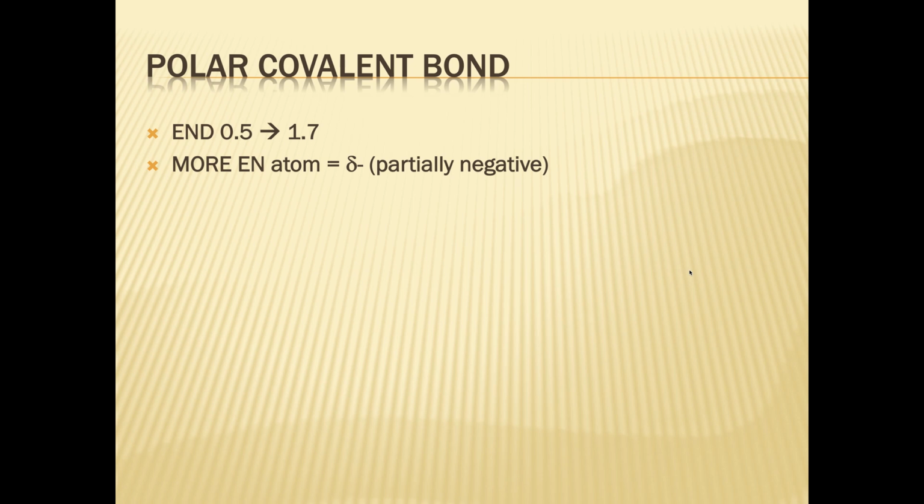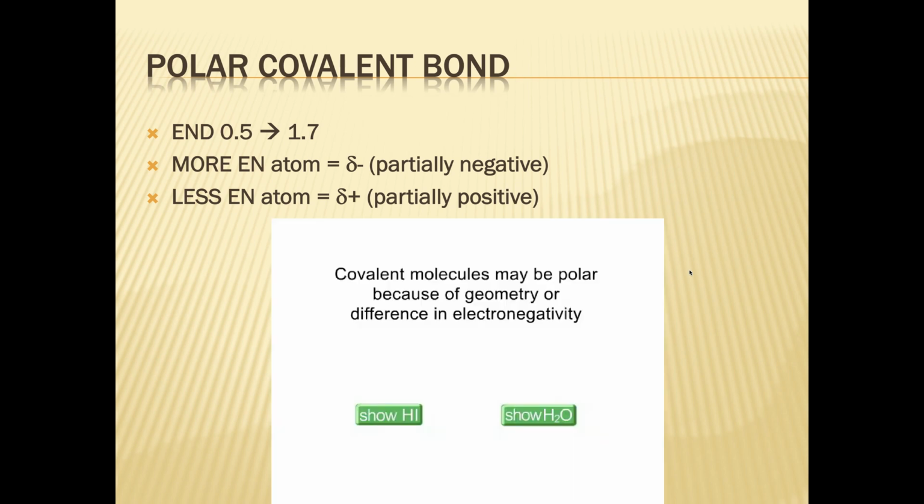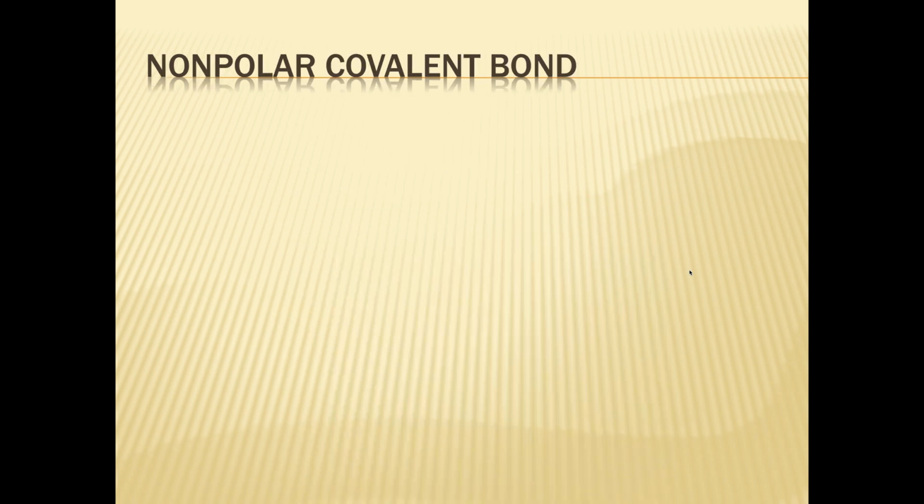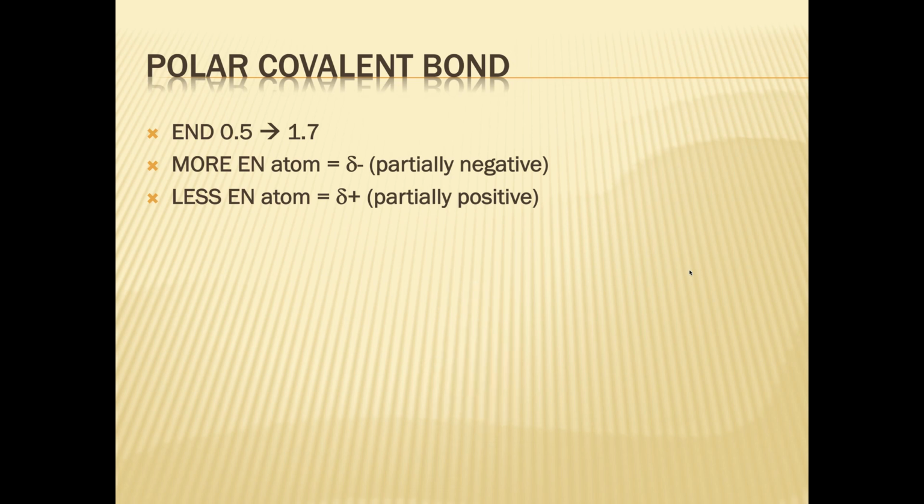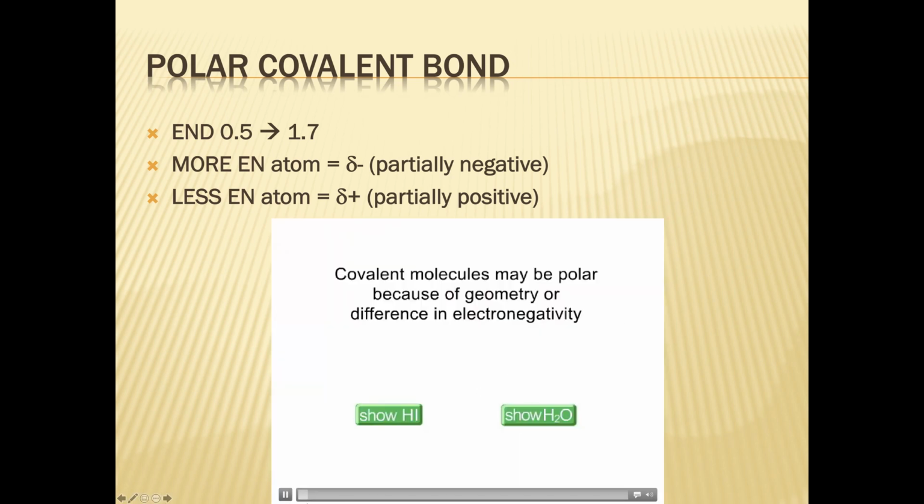You may recognize capital delta, the triangle, as meaning change. Lowercase delta means partial. The less electronegative atom, therefore, will become somewhat positive. Not full separation of charges, just partial separation of charges. So let's take a look at an example of this.